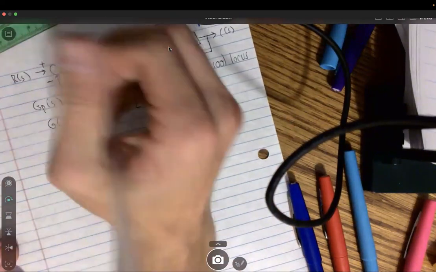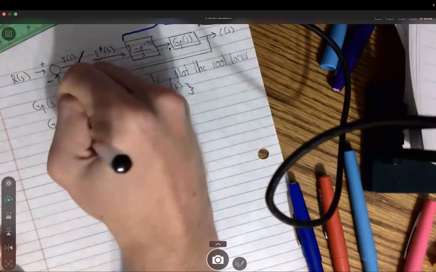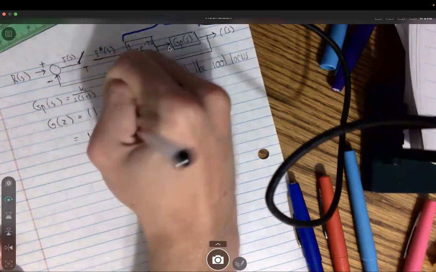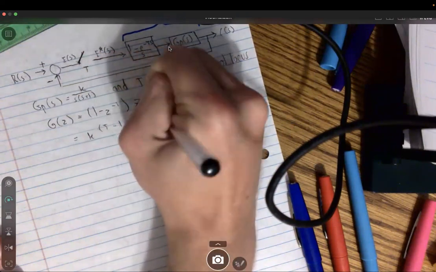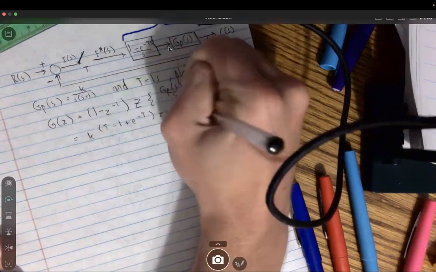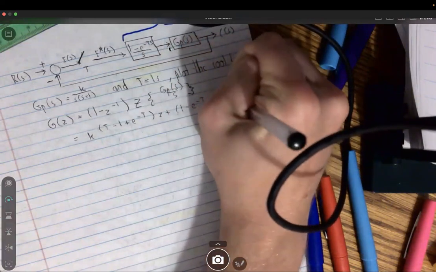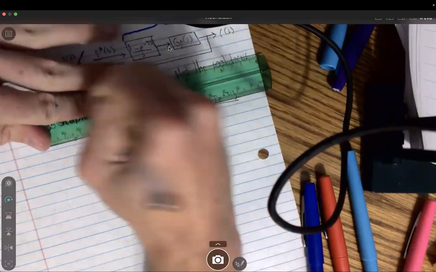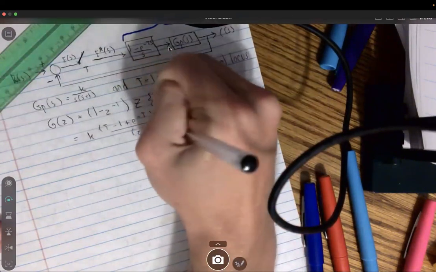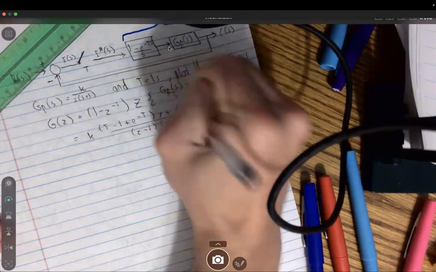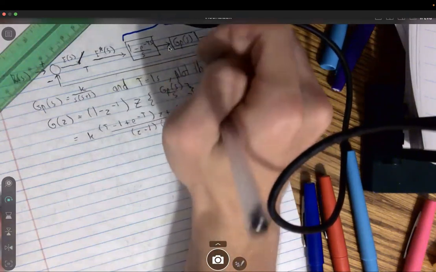When you do the Z transform, you're going to get K times ((T minus 1 plus e to the negative T) Z plus (1 minus e to the negative T minus T e to the negative T)) all over (Z minus 1) times (Z minus e to the negative T). So now we need to find the closed loop transfer function.